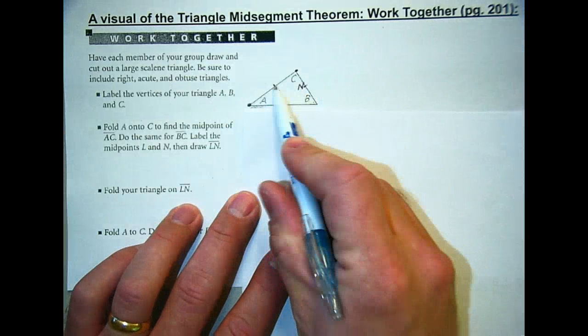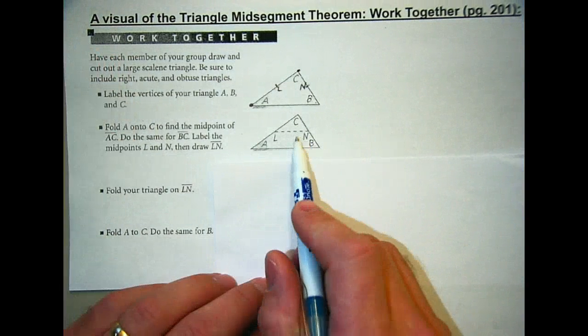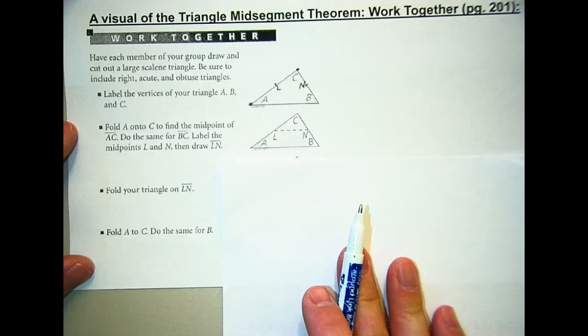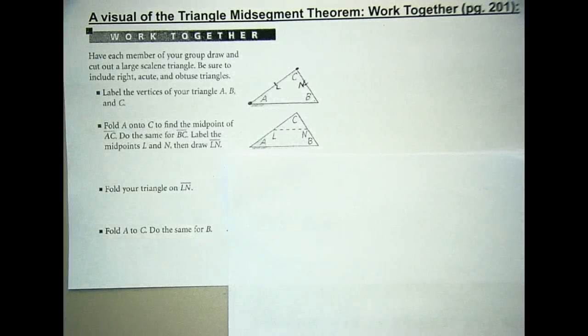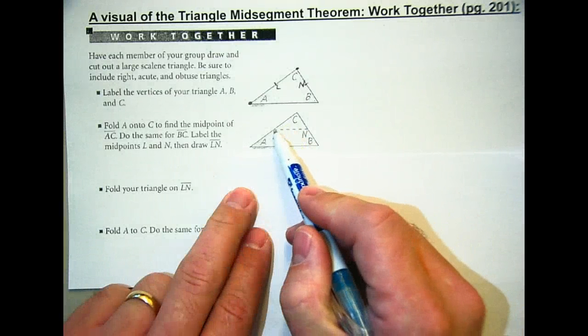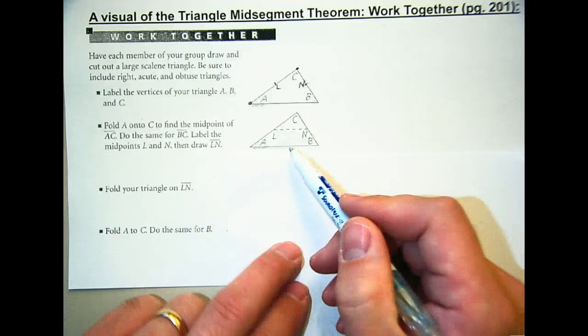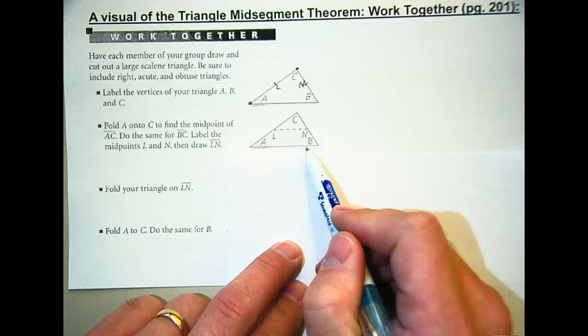Actually connect the points. That's going to give you that picture right there. It doesn't have to be exactly, but you should have a line segment LN, and that line segment is called a midsegment. It's where it connects two midpoints.